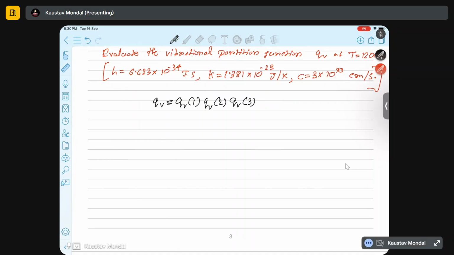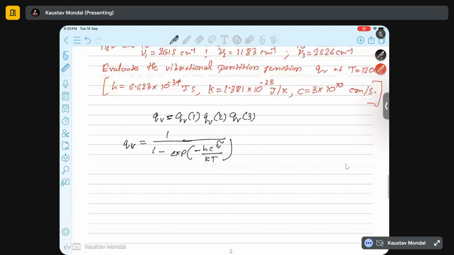The expression of QV is given by this: 1 by 1 minus exponential of hc nu tilde by kT, right?